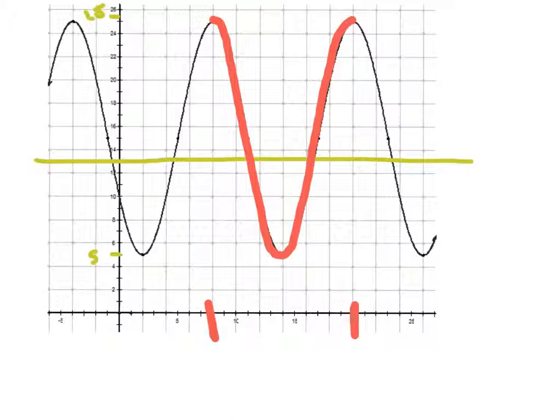Okay, so my length right here: this is 5, 6, 7, so this is at 8. This is 15, 16, 17, 18, 19, 20. And so my period for that one cycle of my graph is 12.